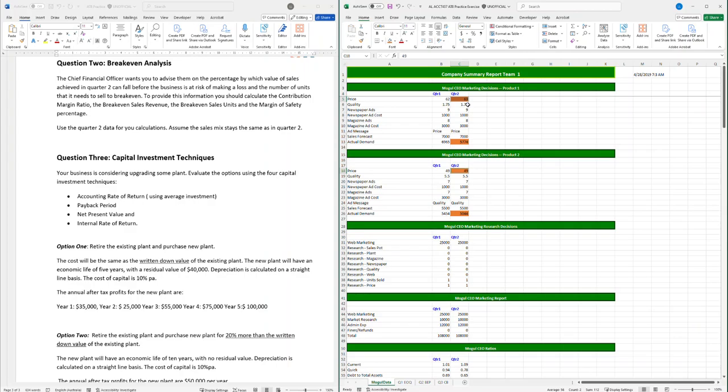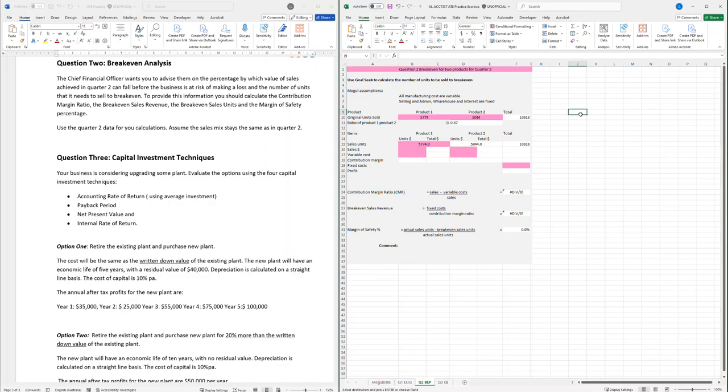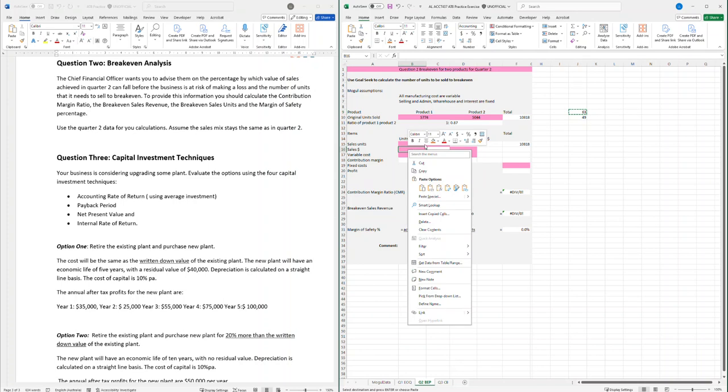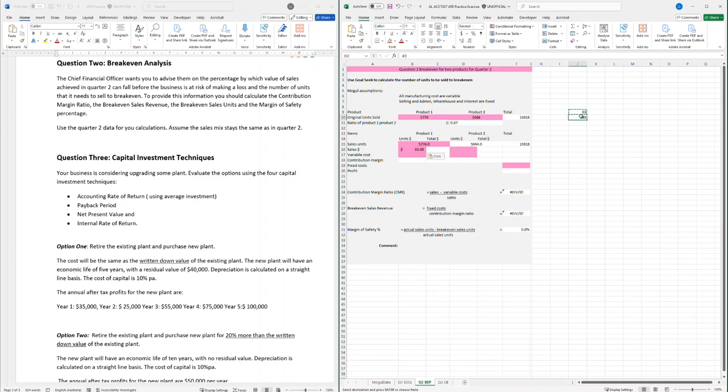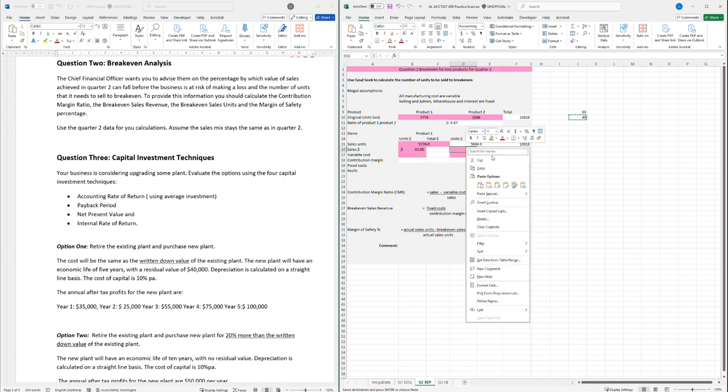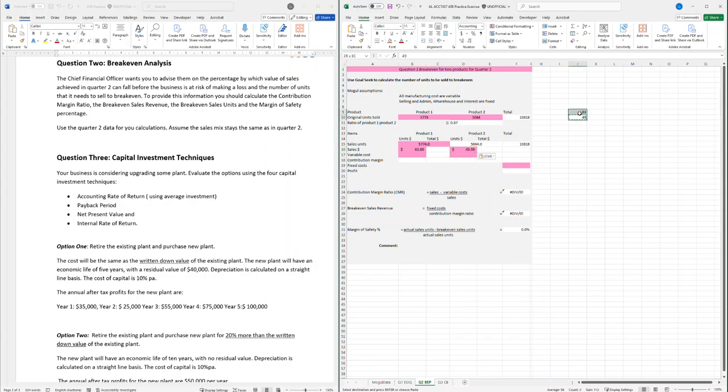So we'll copy this number, go back to here, and paste in the cell again. Please use value only, because we really just want the value. This one is for product 1, value only. This one is for product 2, value only. Excellent.